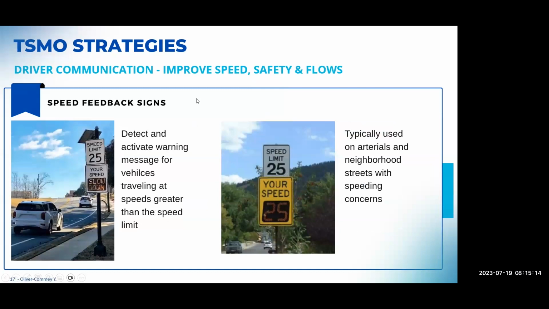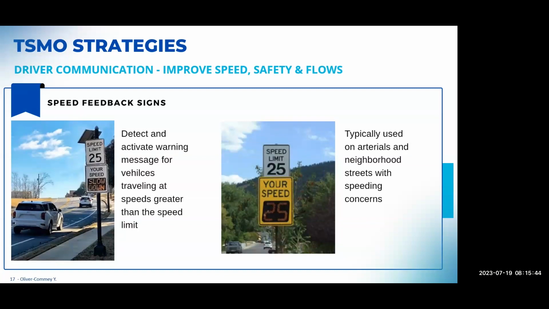Speed feedback signs also work along the same lines, but they're traditionally not on the freeways or high-speed areas. They're more in neighborhoods. Like if the neighborhood knows that this new subdivision has just been built, or this new apartment complex with a bigger footprint has been built, but people are speeding within the compound or within the area, then we would typically do a speed study and then deploy these signs, which are basically feedback signs, to the driver.